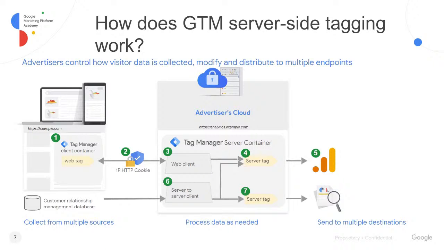No, I think it was quite understandable. Something maybe is, if you see on the left side, you can receive information from your clients, so client containers, the website, but you can also enrich the data from your server container with other databases or other endpoints, like a CRM database.